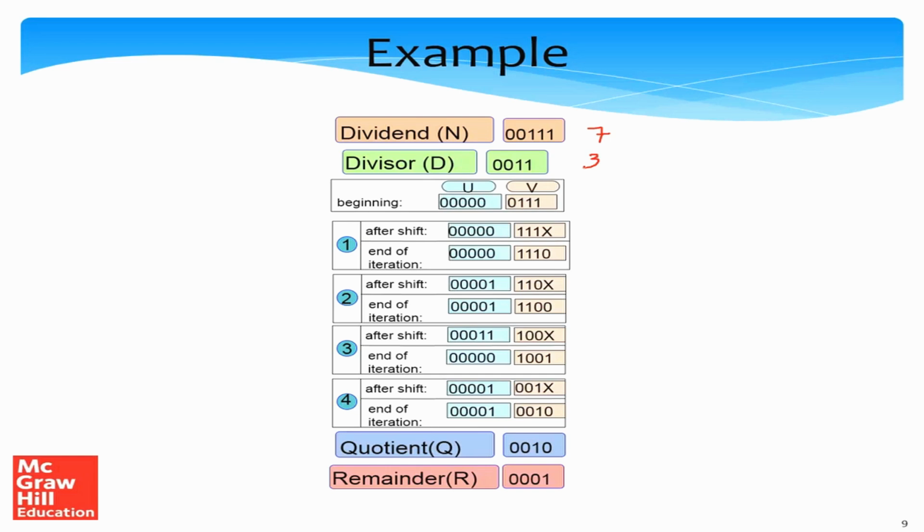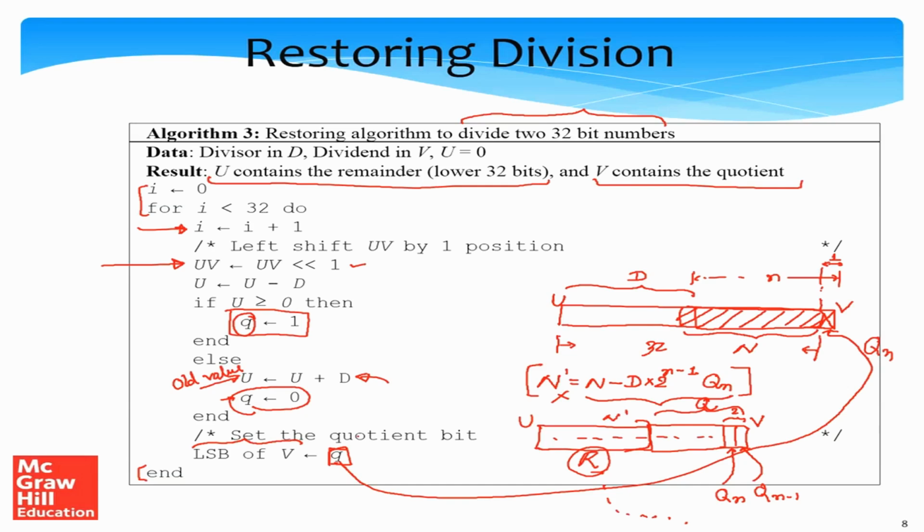We start our algorithm by loading the dividend in register V, which is 0111, and we load the divisor into the D register, 0011. Subsequently, we will compute our results at 2 points. One is after the shift, which is this point, and one is at the end of the iteration, which is this point.